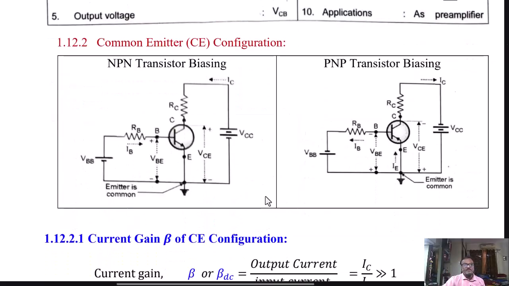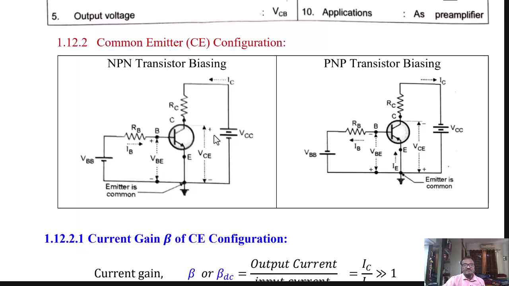The common emitter configuration now. In this configuration, the emitter terminal is common between the input circuit and output circuit. The input is applied between base and emitter, and therefore the input voltage to the configuration is VBE and input current is IB. The biasing supply for the input circuit is denoted by VBB.